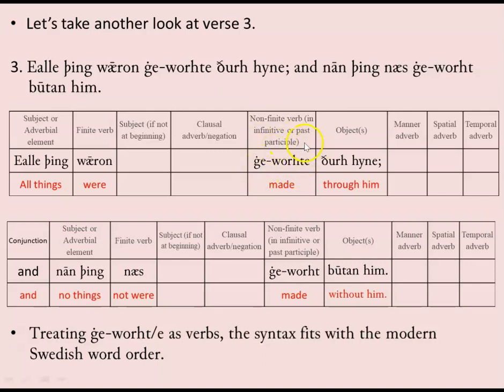So this is the past participle of yawurchan. Yawurchan is the infinitive form of made, make, create. And yawarchte is the past participle of that verb to make. So that fits there exactly. And then thurachuna, objects, that's through him, the object. And then let's go on to the second sentence here.